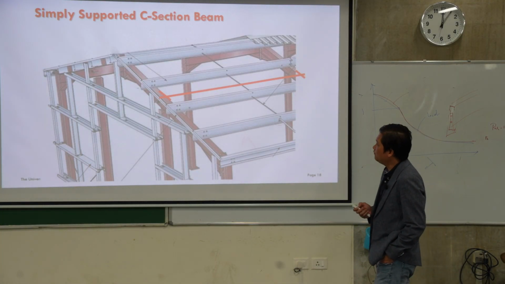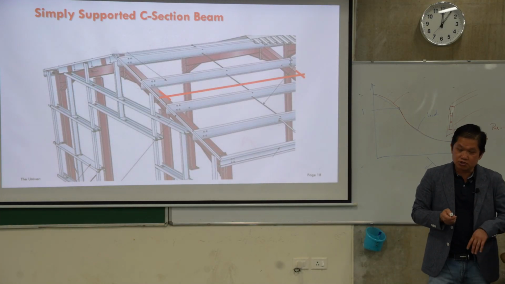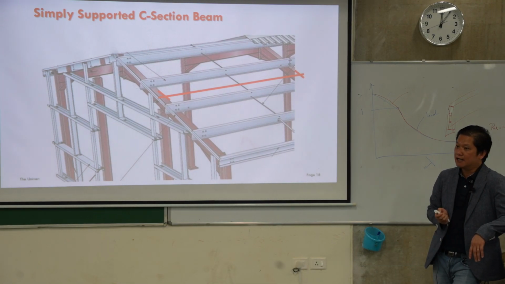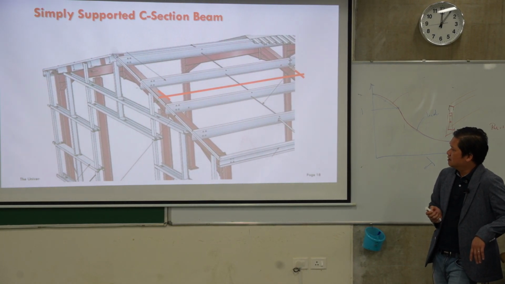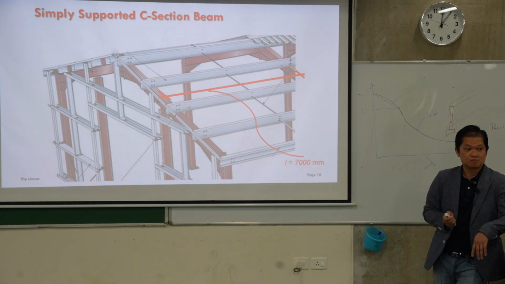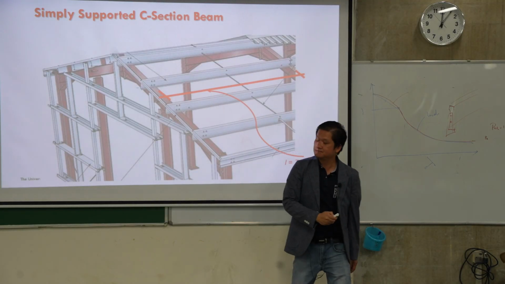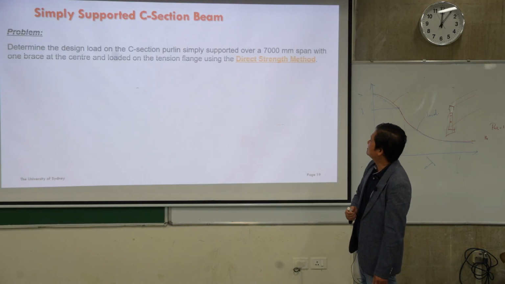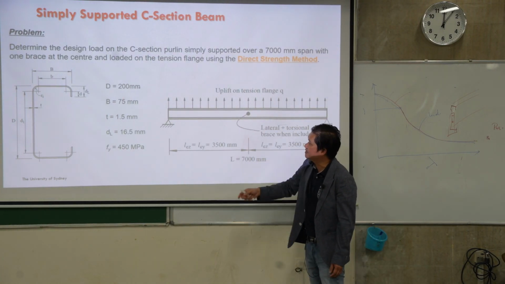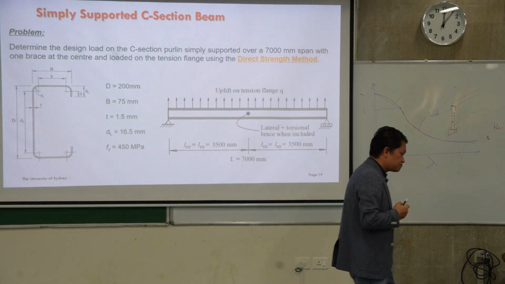It's a purlin or roofing system, and that's subjected to uplift loading. Uniformly distributed uplift loading, and the length is 7 meters. And you have one row of bridging in the middle, and then we can see here. So this is uplift, and one row of bridging in the middle, and this is the cross section that we wanted to design.